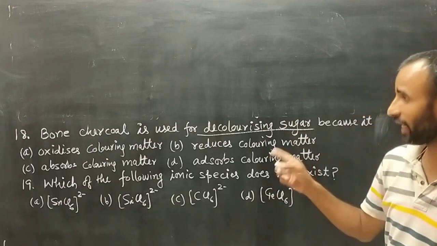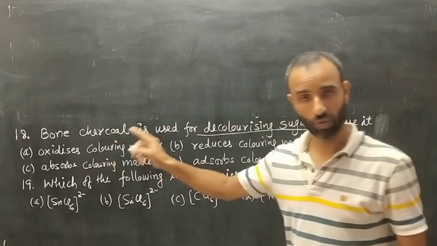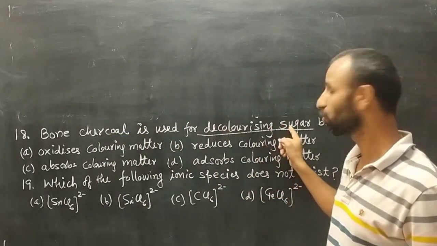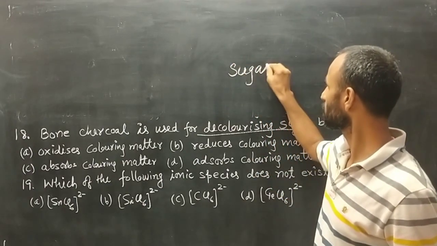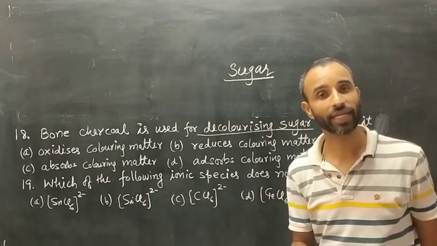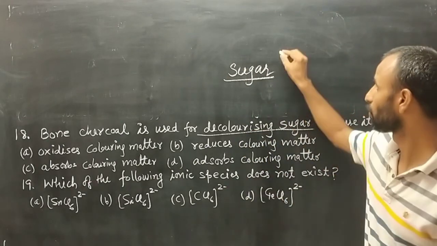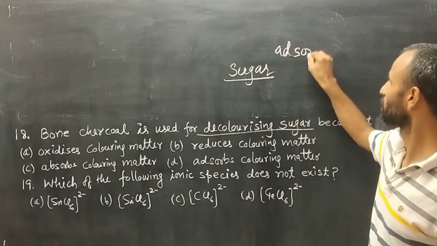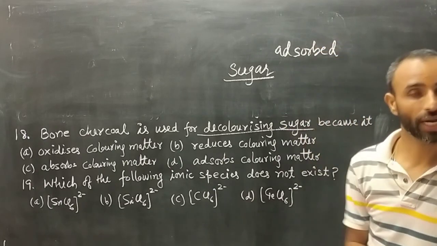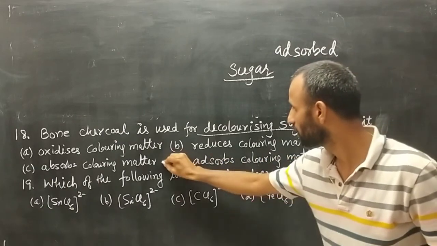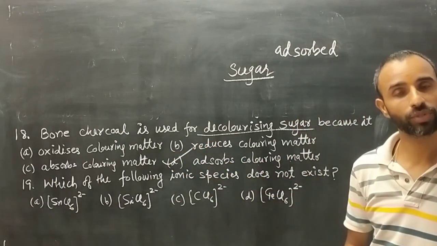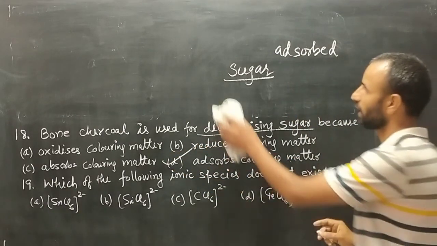Then bone charcoal decolorizes sugar because raw sugar has a brown color, and that dye is adsorbed by charcoal. That's why it decolorizes, because bone charcoal adsorbs the coloring matter, right?